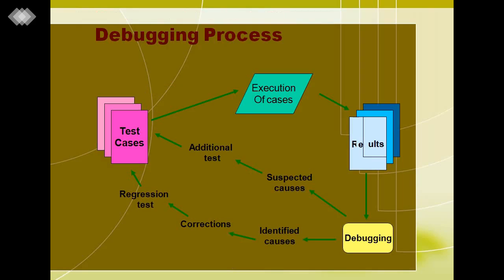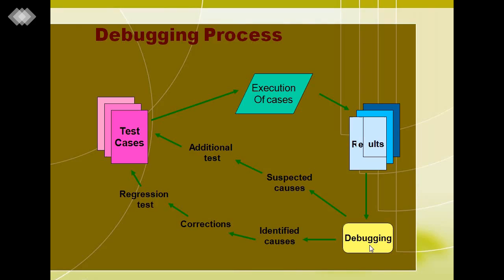Now, the debugging process. The debugging process is done by following steps, like first is test case, then execution of cases, then after execution it gives the result. After the result we will start debugging. Debugging may be classified into different forms, like suspected cause and additional test. They find the bug and send it back to test cases again.